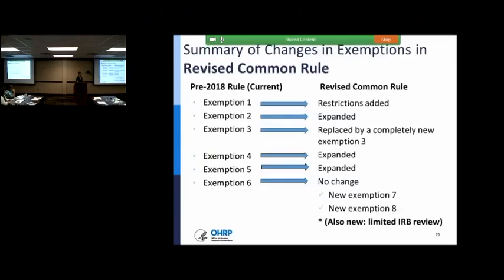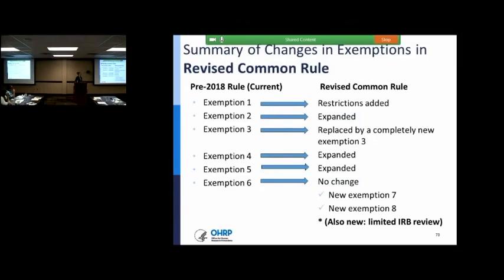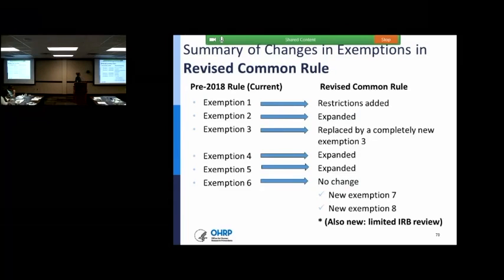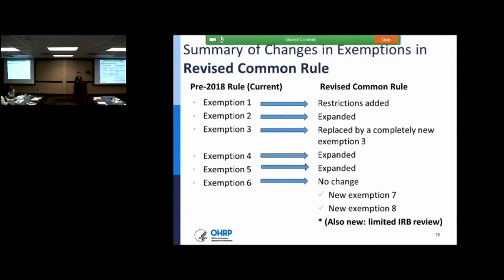Okay, so in a little more detail, exemption 1 has had some restrictions added to it. Exemption 2 has been expanded. Exemption 3 has actually been replaced by a completely new exemption 3, so we'll talk about that briefly.